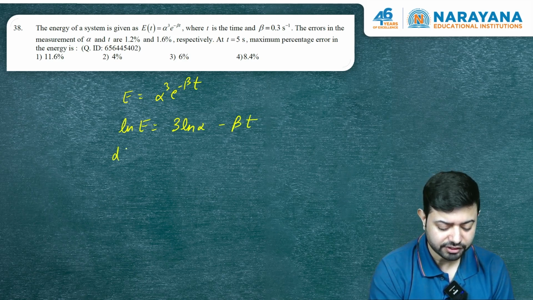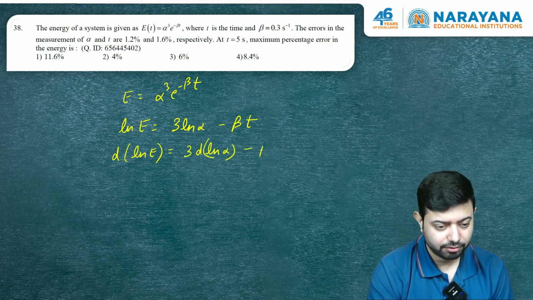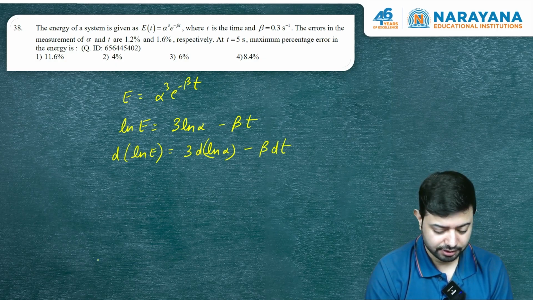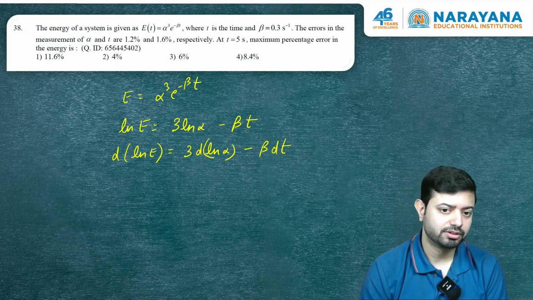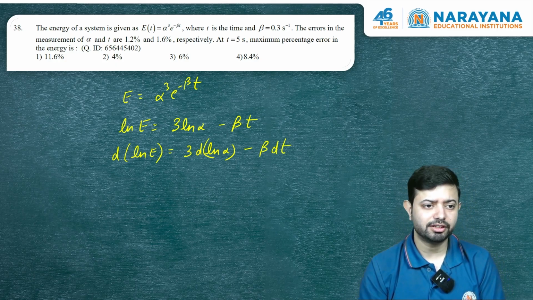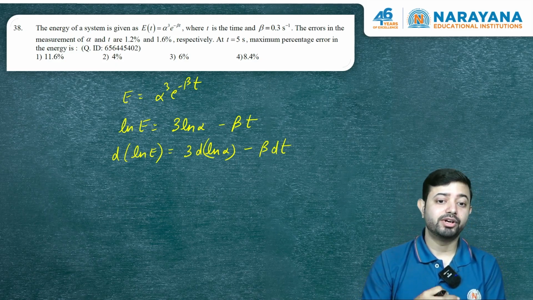Now, take the differential element. d of ln E is equal to 3 times d of ln alpha minus beta times dt, correct. But when you are considering the errors, the minus is not involved, it becomes positive. You think about the subtraction case, the errors you have to add up always.